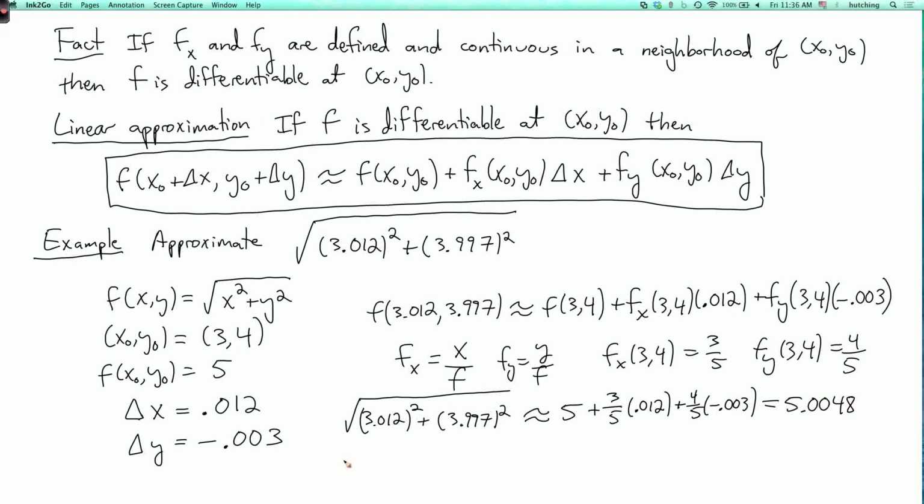And if you compare with what a calculator says, the calculator gives us 5.004812984. So we got 5 significant digits. That's pretty good.